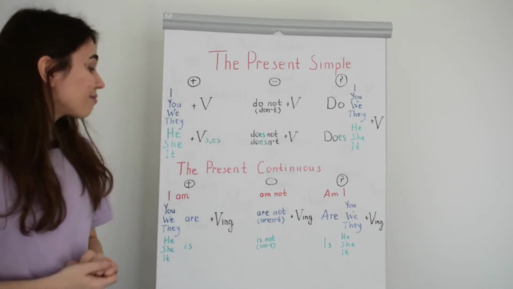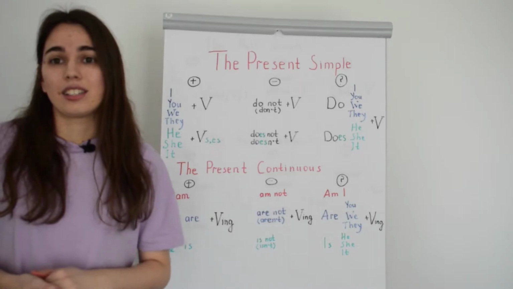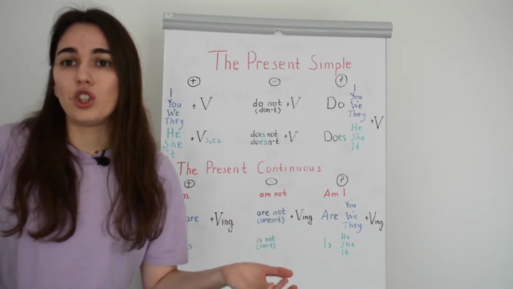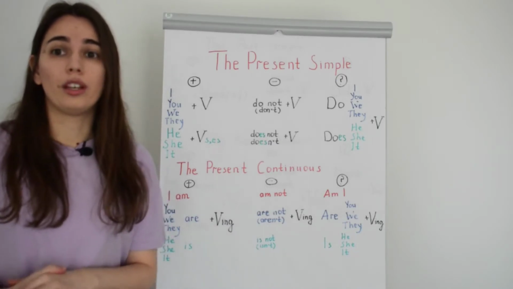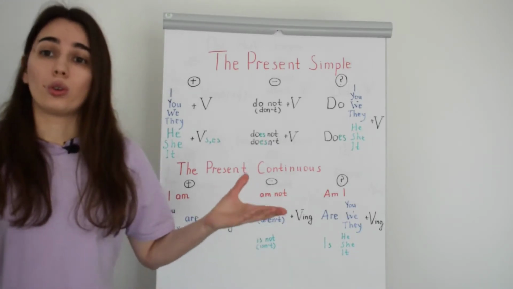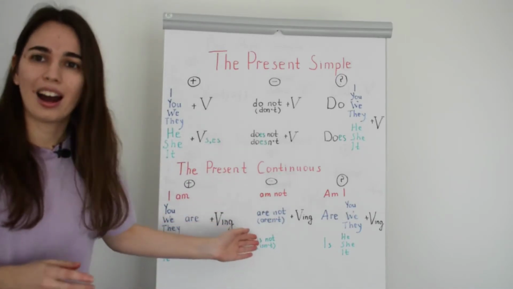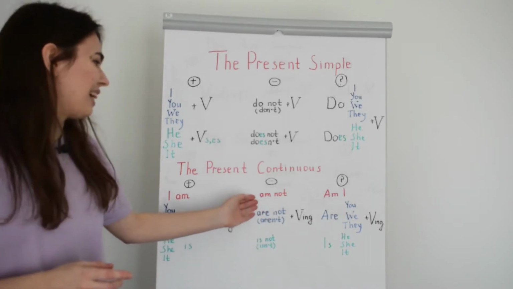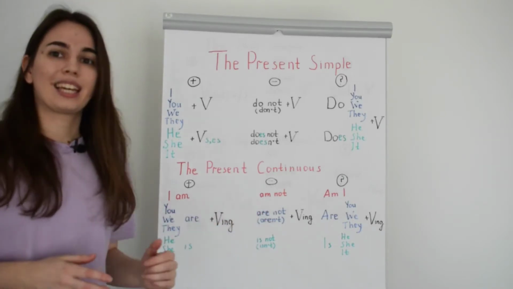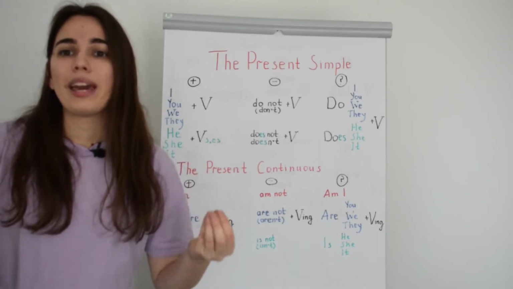And so maybe someone is not drinking coffee, someone is drinking coffee, we don't know. But what we really know is how to form the negative form of the present continuous.